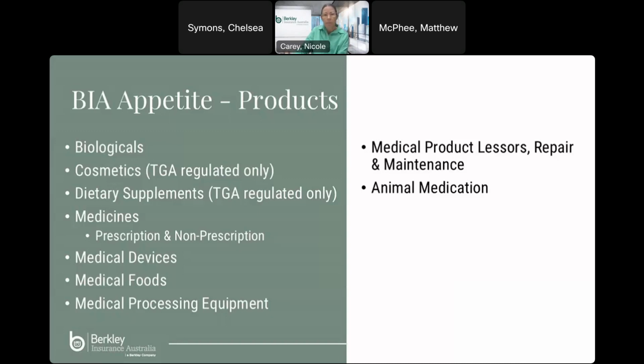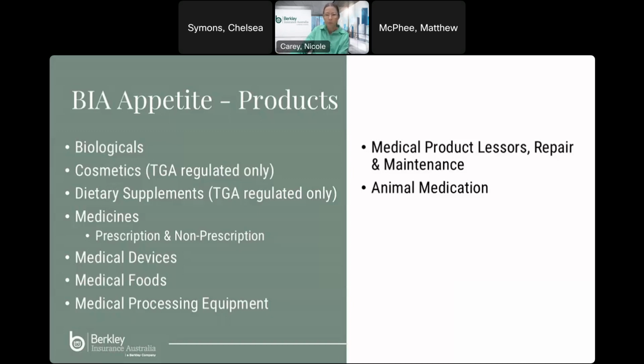So if you've got cosmetics and they're not TGA registered, then that's going to be going under our standard GL policy. But if you've got cosmetics that are TGA registered, regulated, and are listed on the Therapeutic Goods Register, that's going to fit under our life sciences policy.